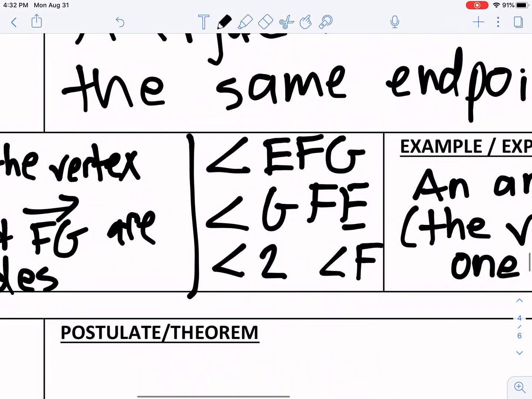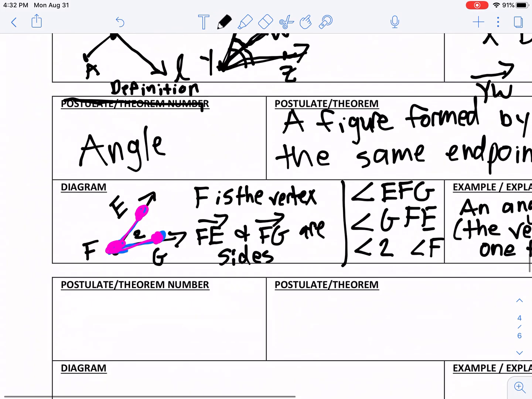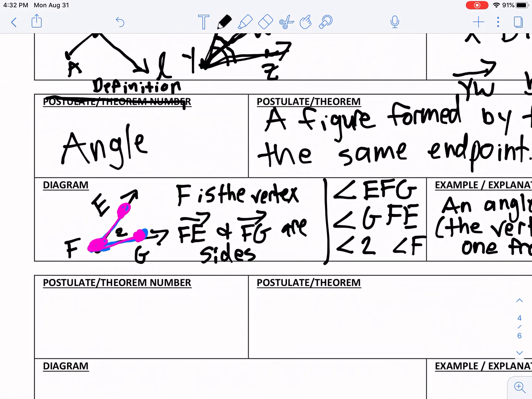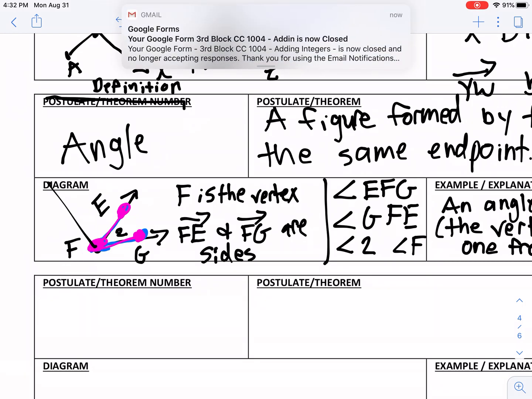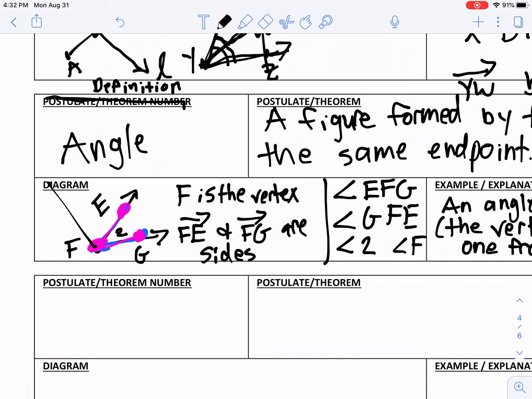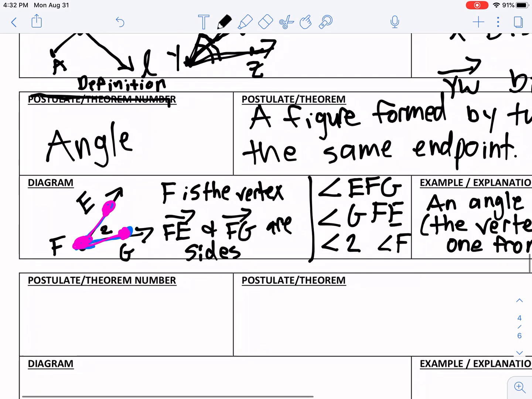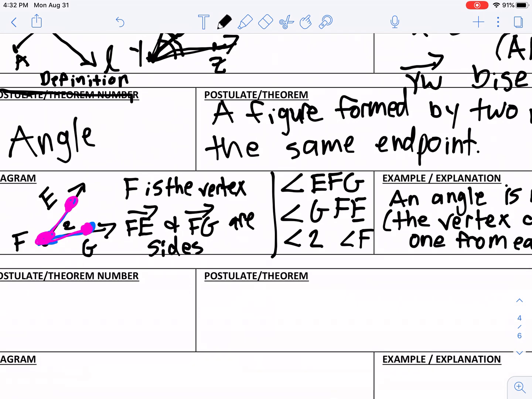Our vertex is F, so we could call this angle F. But the only way that works is if there are no other rays attached to F. If there are any other angles attached to F, that is not specific enough. So it only works if there are no other rays attached, and we're just talking about this angle here. So that would be an angle.